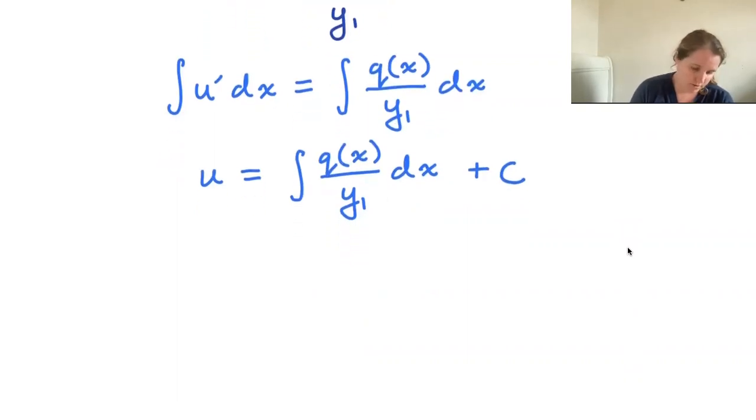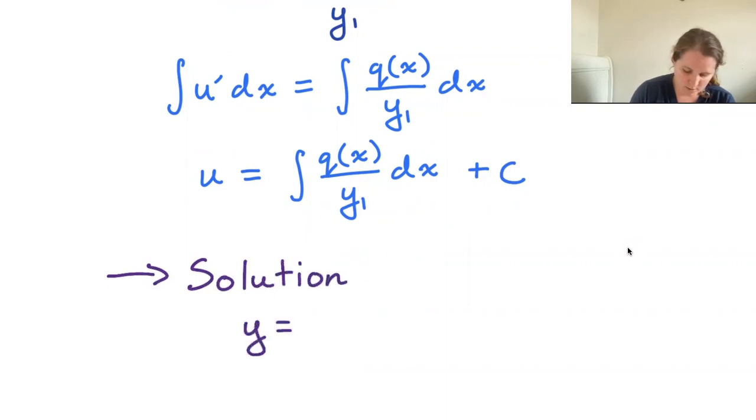Then we have our original solution, which was y equals u times y1.